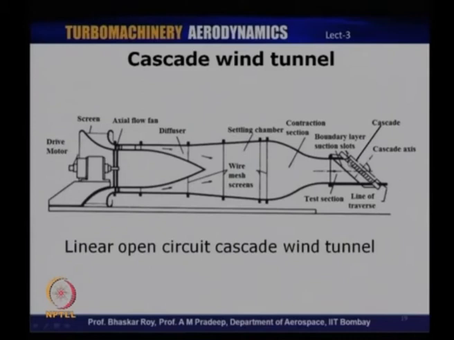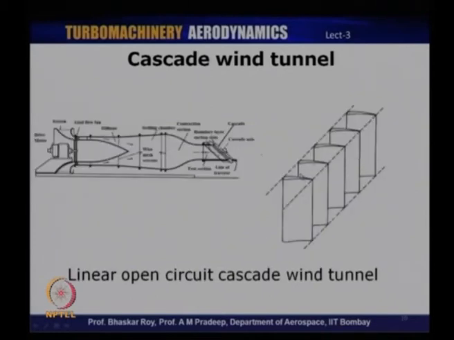So, all these blades together constitute a cascade. And at the trailing edge, you can see an axis shown here, which is basically a line of traverse. That is where one would traverse the probes and take measurements at the trailing edge of the blades.